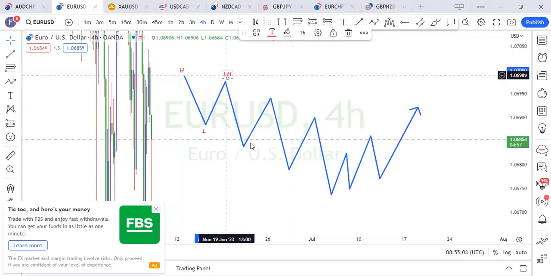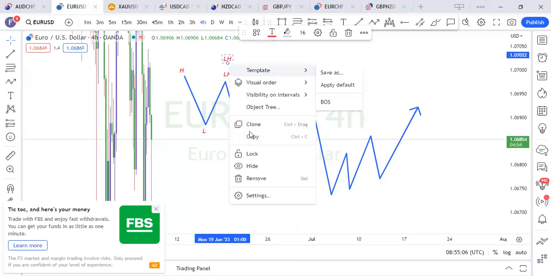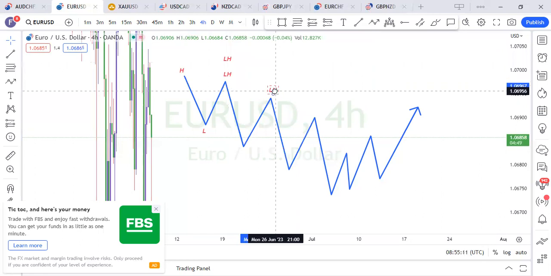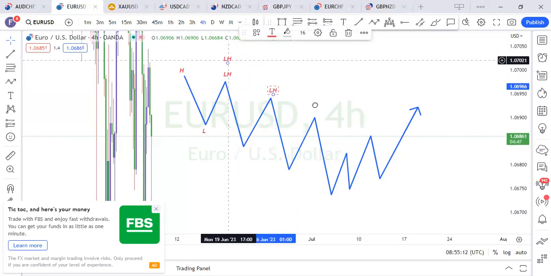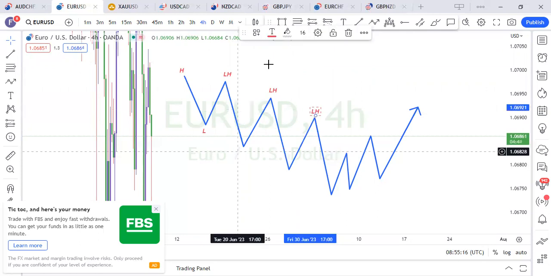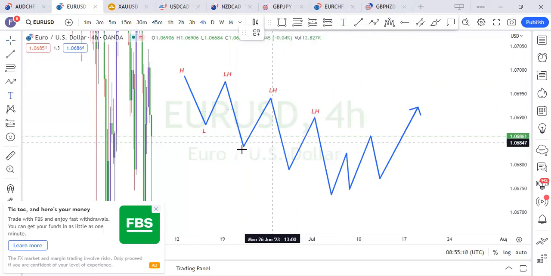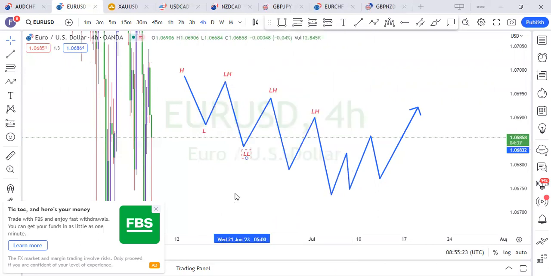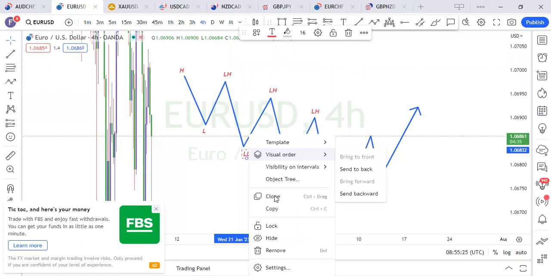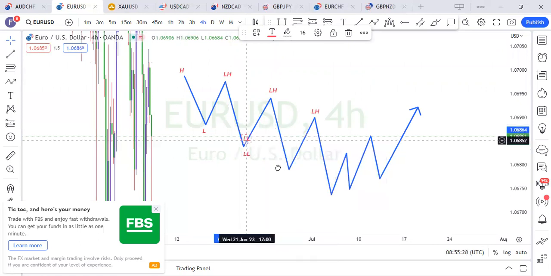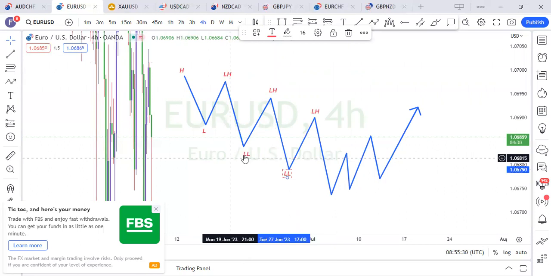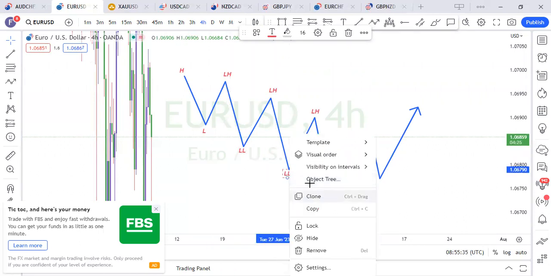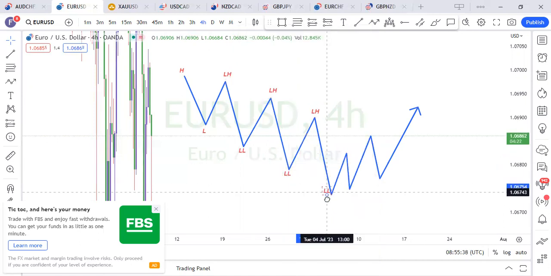So we have there our new lower high. Let's duplicate them so that our new lower high is also here. And then we have here our lower low, then another lower low is formed here.